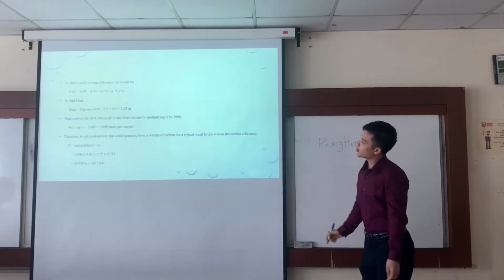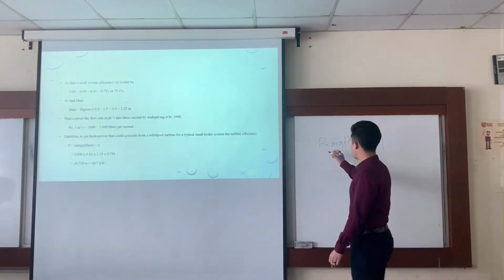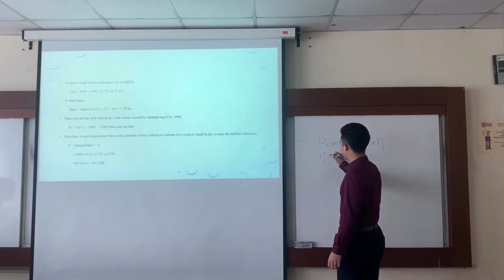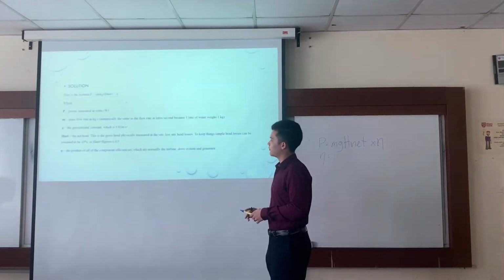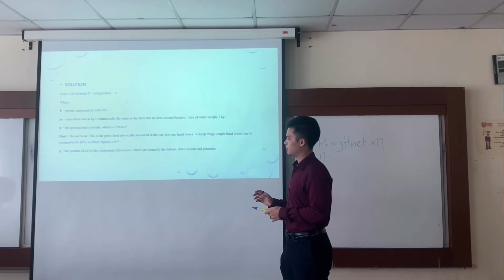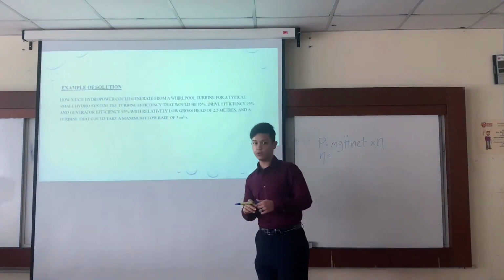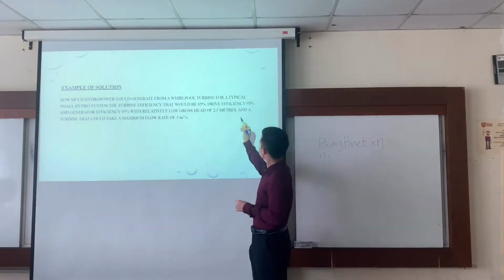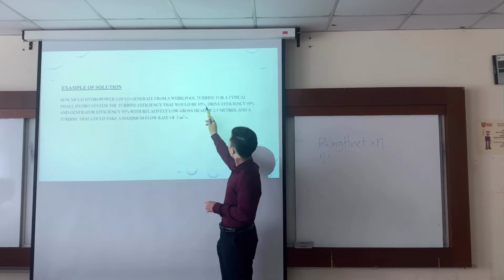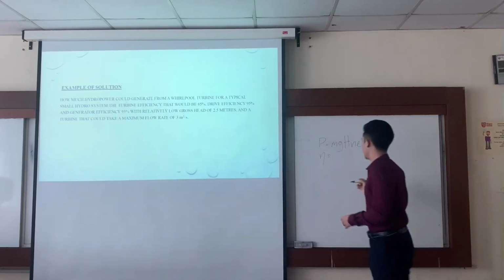Okay, first of all, we're going to find the efficiency, which is this symbol. Like I said, go back to the question. For efficiency, we can combine by multiplying all the efficiencies, which are 85%, 95%, and 93%.